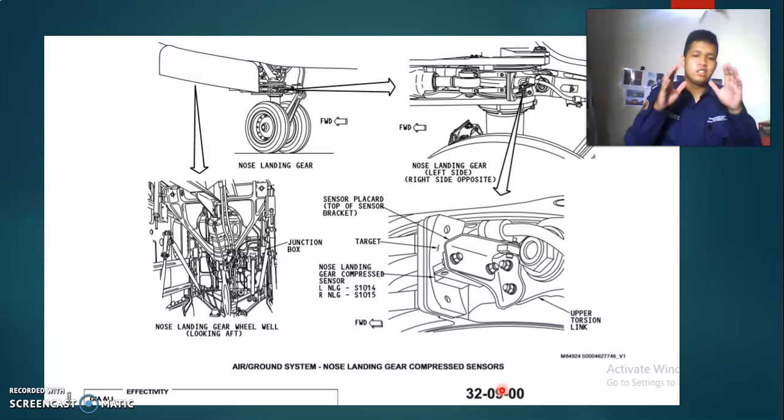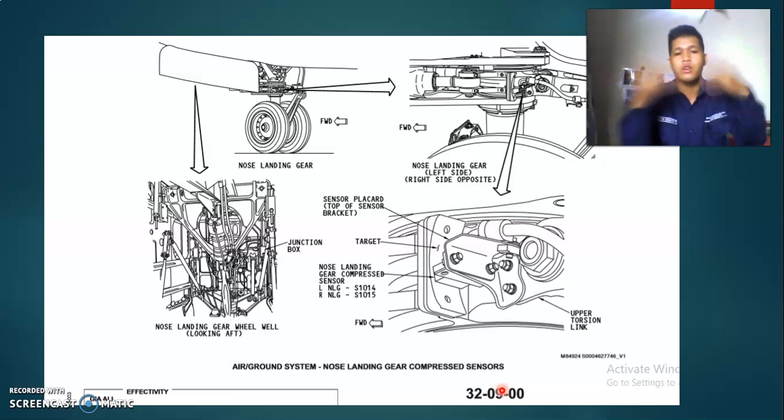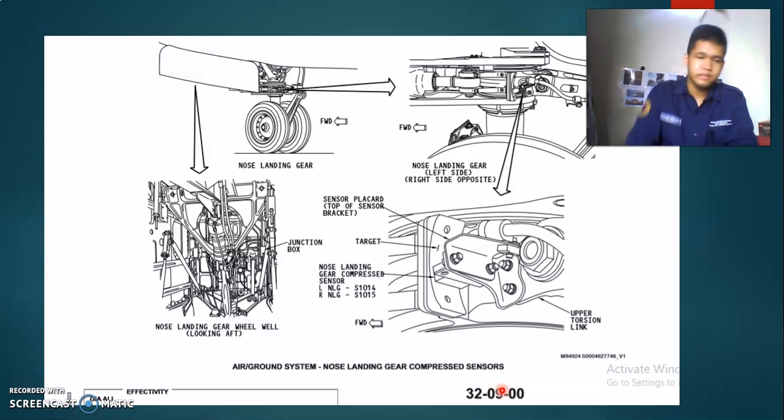So the nose wheel well is a place for the landing gear when the aircraft takes off or is in the sky, in the air. So this is the nose landing gear, and this is the nose landing gear wheel well. This is the place.